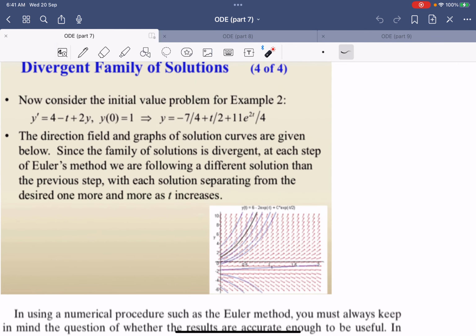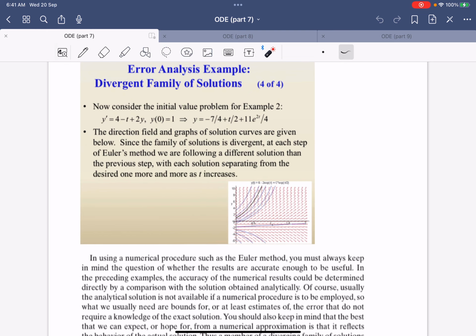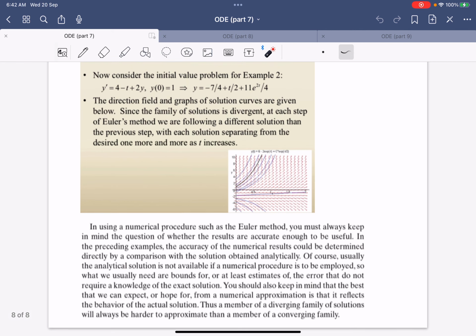Let's say I shoot from here to here, then when you extend it, it shoots all the way out here, and you can see the error just keeps exponentially increasing. So this is when Euler's method becomes a bad approximation, or a less effective one.